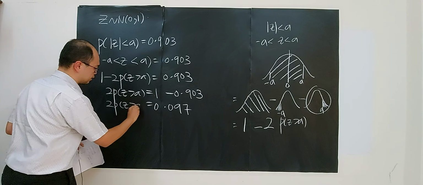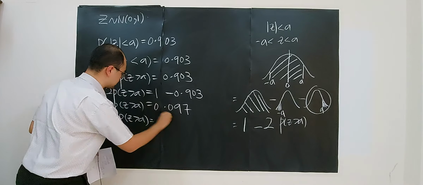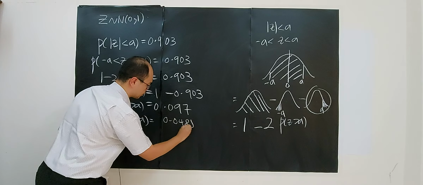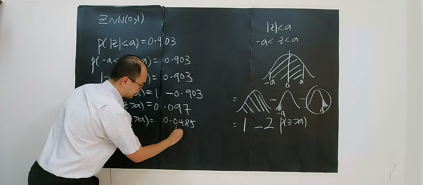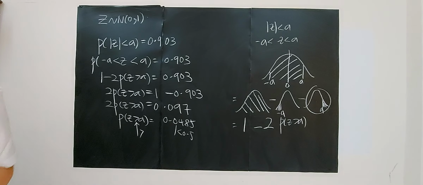So 2 P(Z > A) is 0.097. Okay, I think you should understand by now. P(Z > A), taking this divided by 2, you are getting 0.0485. This is already less than 0.5, and the sign is greater than, so you can use the statistical table to find the value of 0.0485.